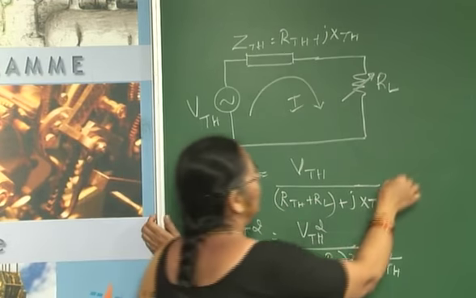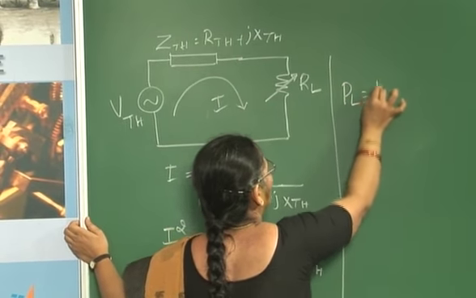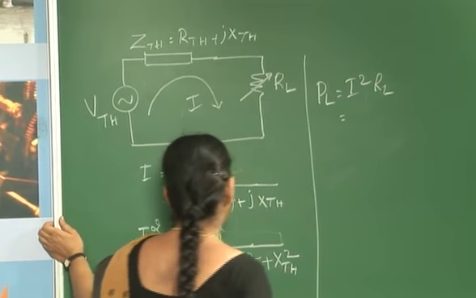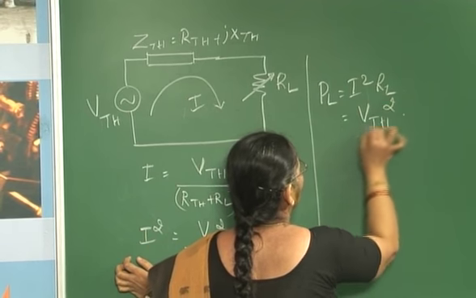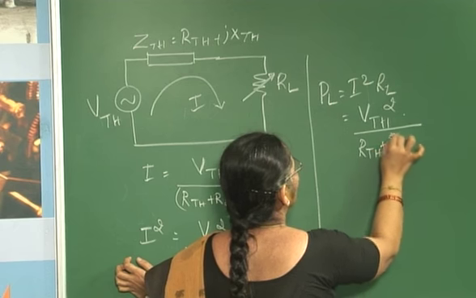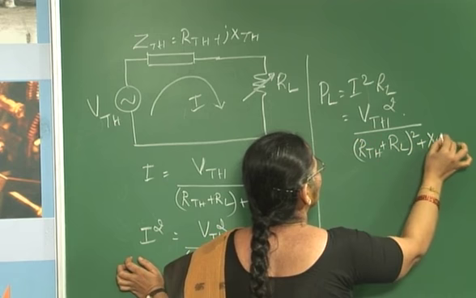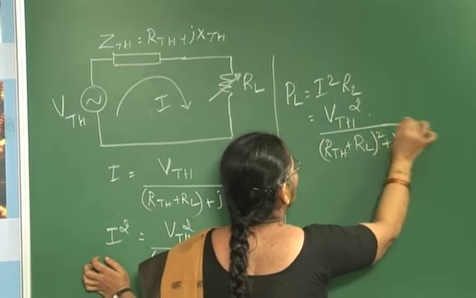Then the power delivered to the load, PL, is equal to I square RL, which is equal to V Thevenin square by (R Thevenin plus RL) the whole square plus X Thevenin square, into RL.